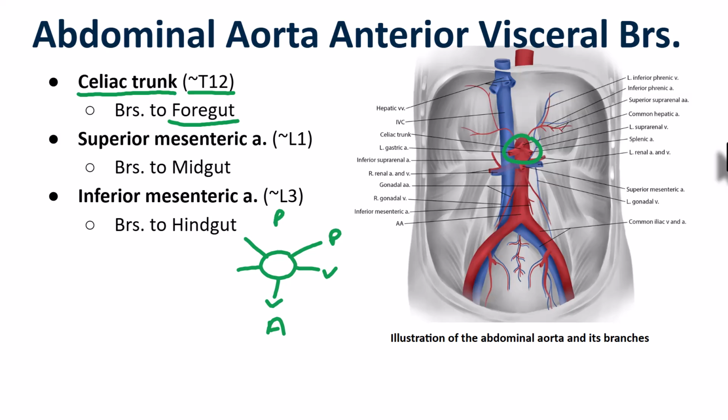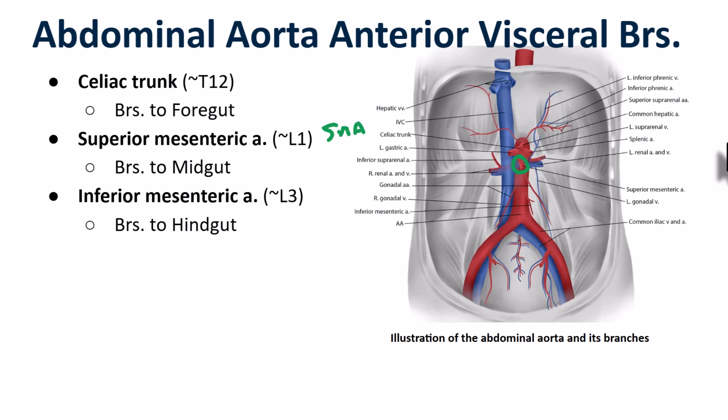The next major branch is the superior mesenteric artery, or the SMA for short. The SMA is about the level of L1, and it is going to supply derivatives of the midgut.